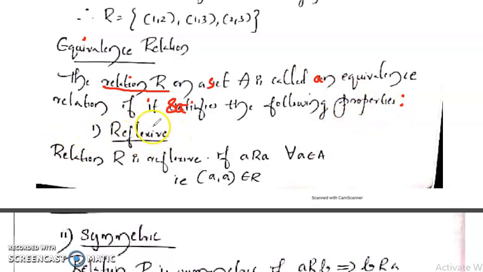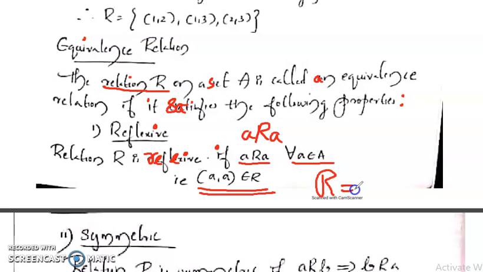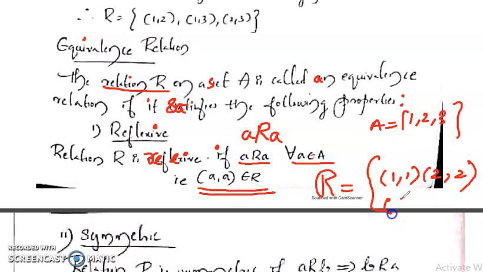So property 1 is reflexive. Relation R is reflexive if A is related to A for every A in capital A, that is, A comma A is an element of R. Suppose A contains 1, 2, 3, then R should contain 1 comma 1, 2 comma 2, 3 comma 3.